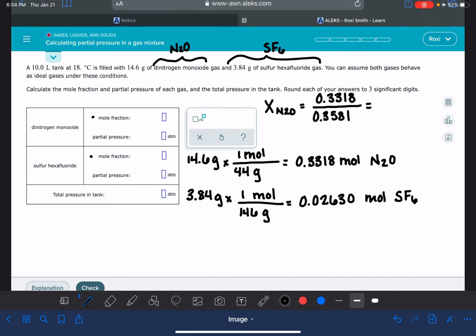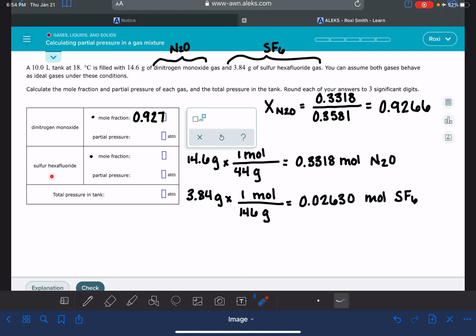So that's going to give me a mole fraction here of 0.3581, 0.9266. It looks like we want these to 3 sig figs. And also when you're doing these problems on ALEKS, you definitely don't want to be rounding any of your calculations at all. You just want to be using all the sig figs that you can.